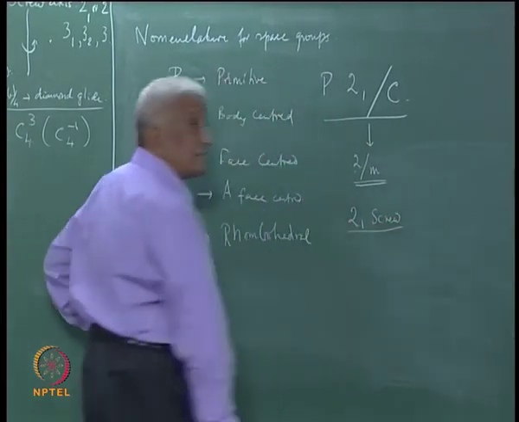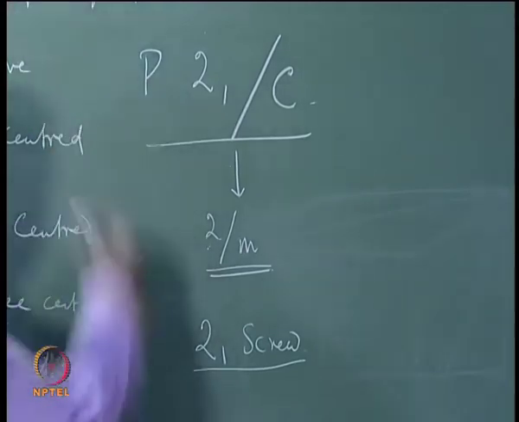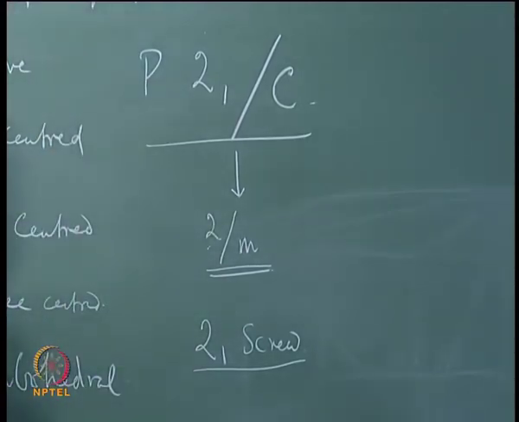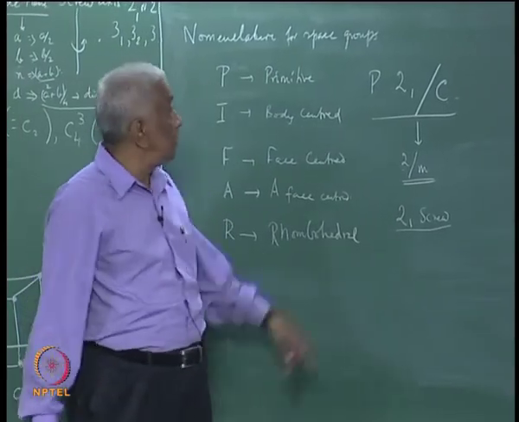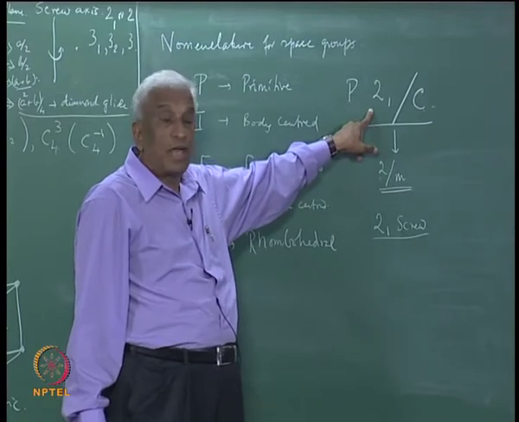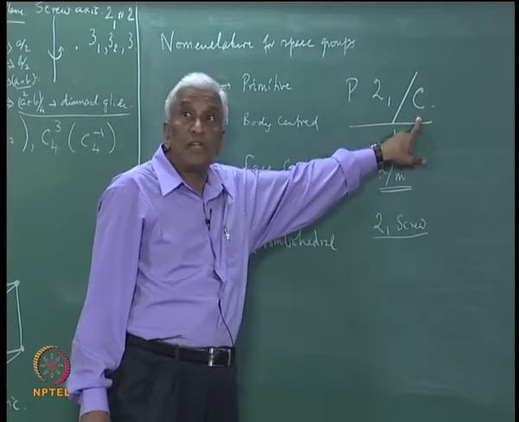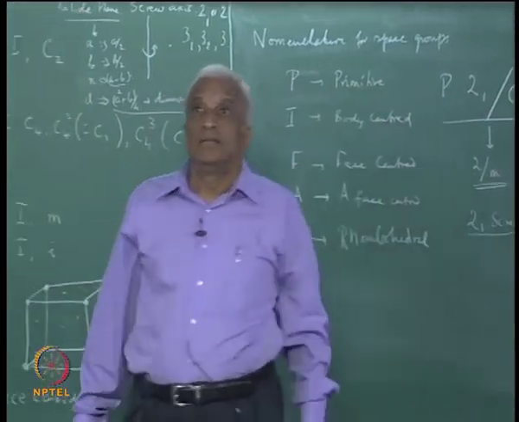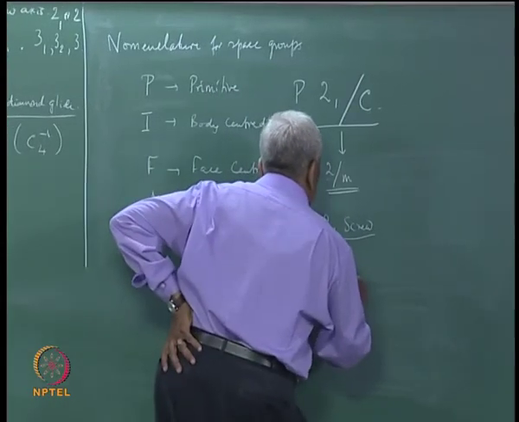A two-fold axis followed by a translation component of b by 2 along the unique axis, two-fold axis. And then you have a glide plane perpendicular to the b axis, the unique axis, and this has a translation component of c by 2 along the c axis. So, it is a c glide.